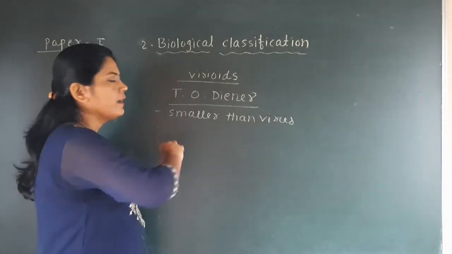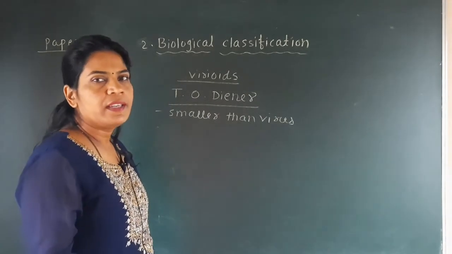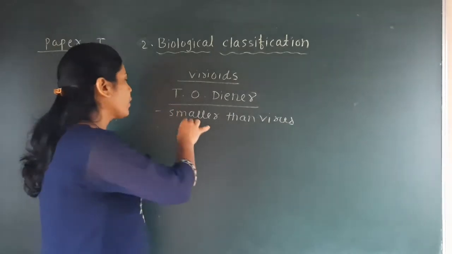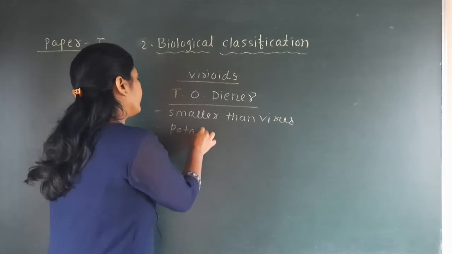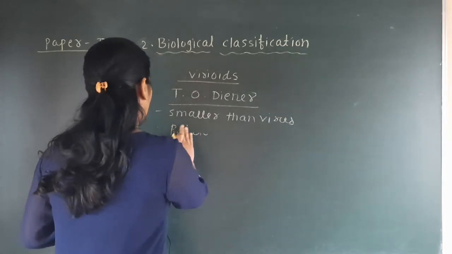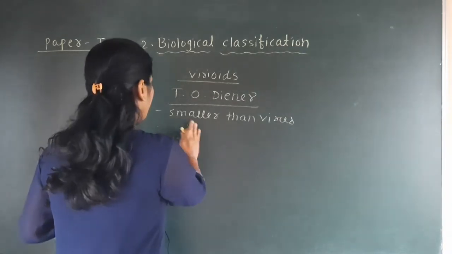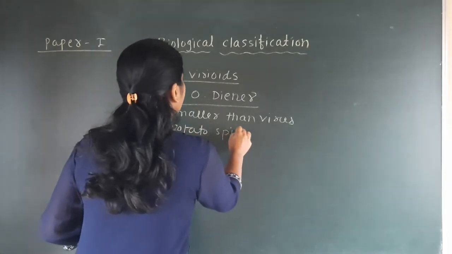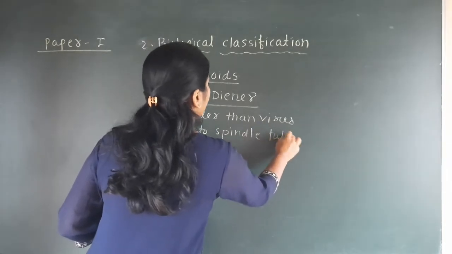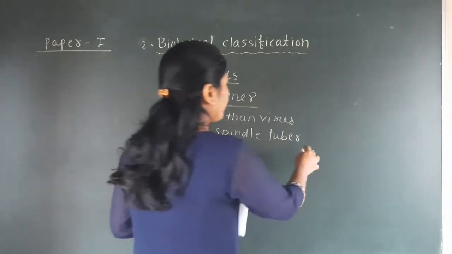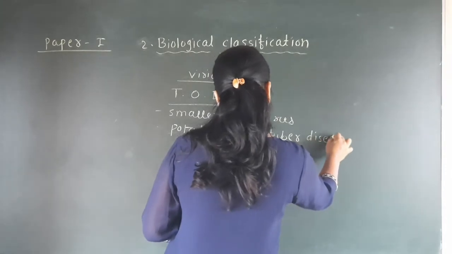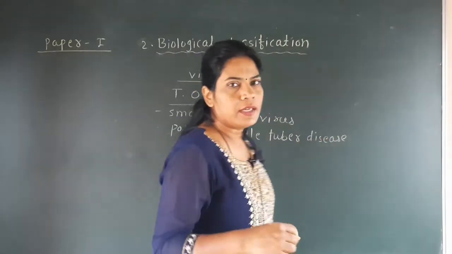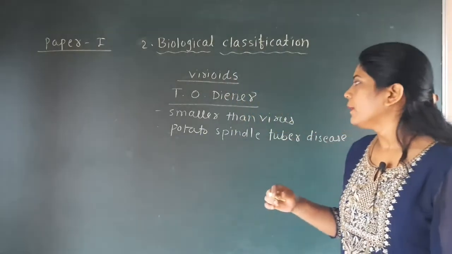Third point is that they are generally found in plants and they produce a disease in the plant called potato spindle tuber disease. Potato spindle tuber disease. Okay, in short, it is called PSTV.